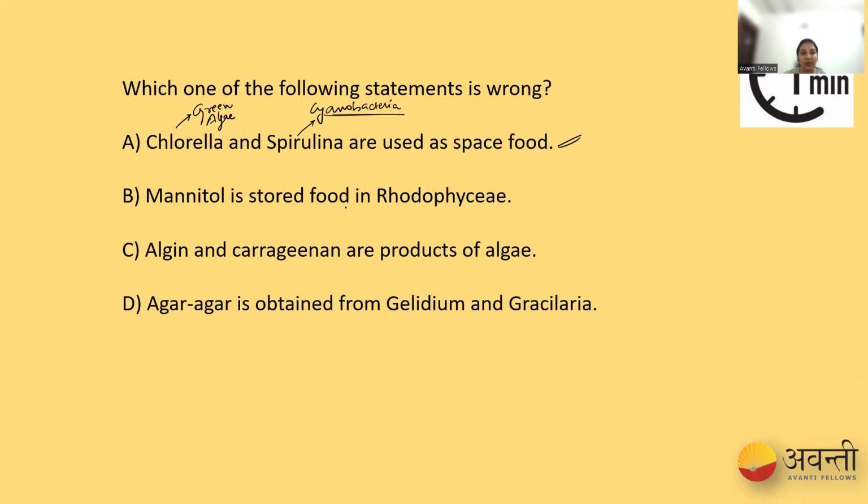Option B says mannitol is the stored food in rhodophyceae. This is incorrect. Mannitol and laminarin are the reserve food material in case of brown algae, which is also known as Phaeophyceae.